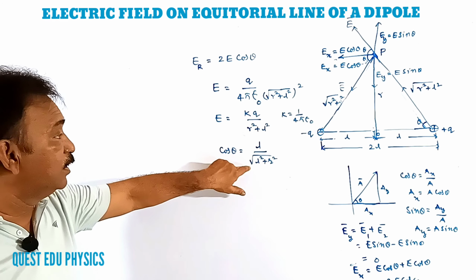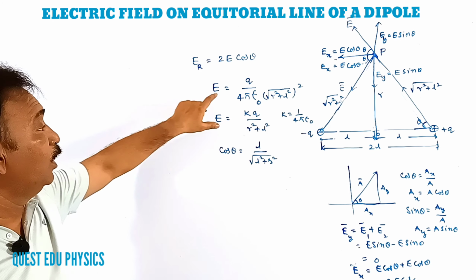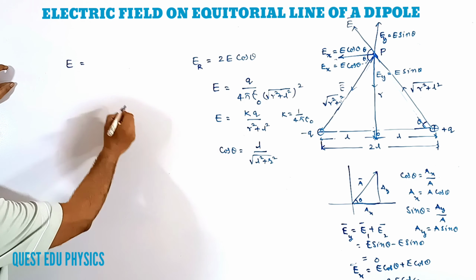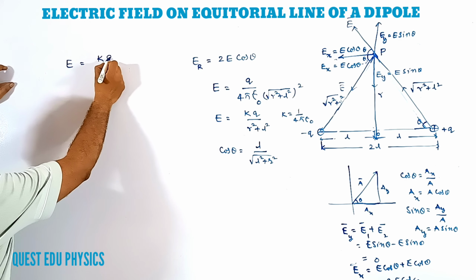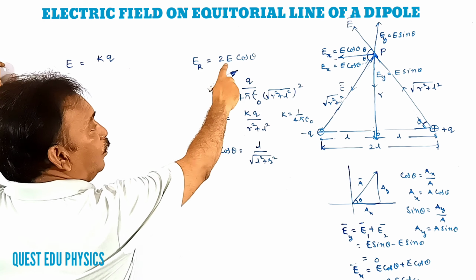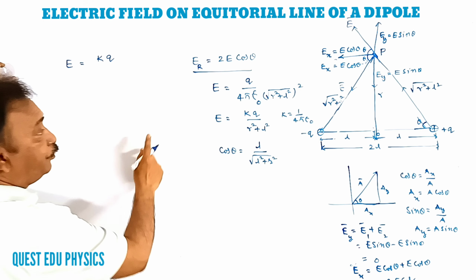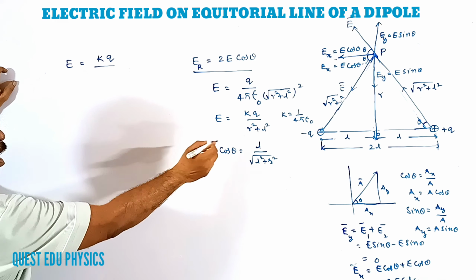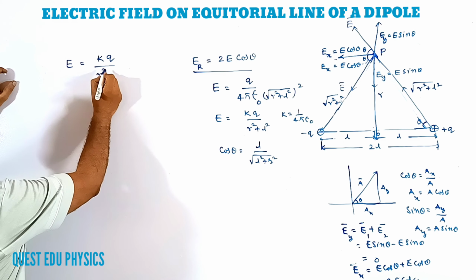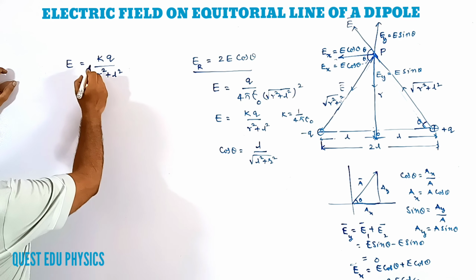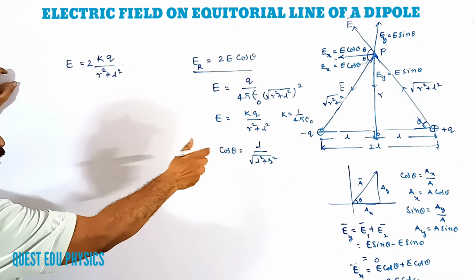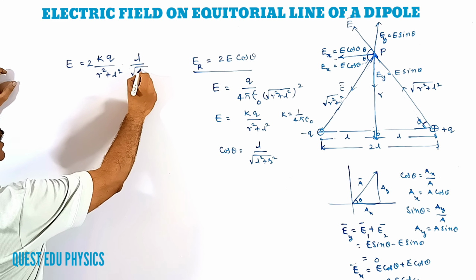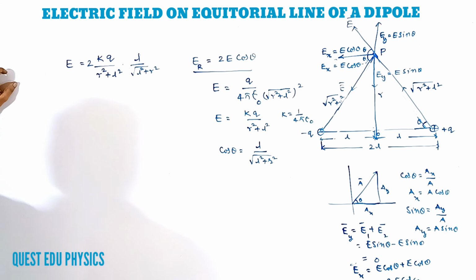Here we are substituting this cos theta and E in the above relation, students. It can be rewritten as E is equal to KQ by R square plus L square, that is into 2 into cos theta, L by root of L square plus R square.